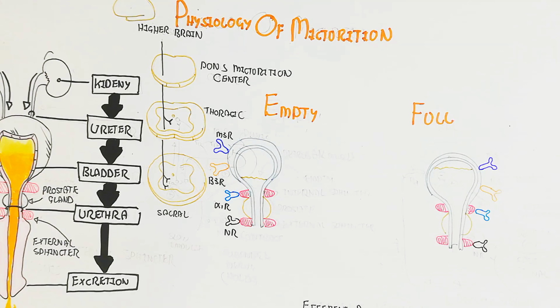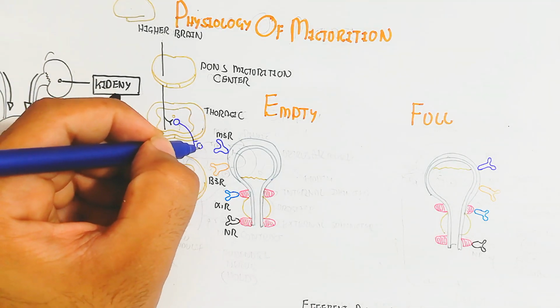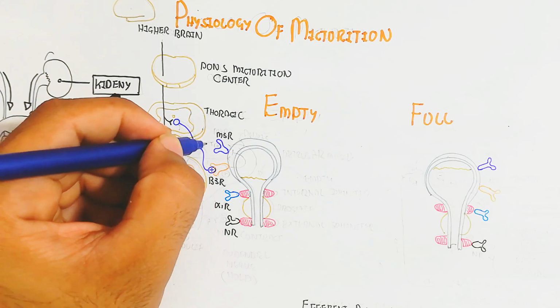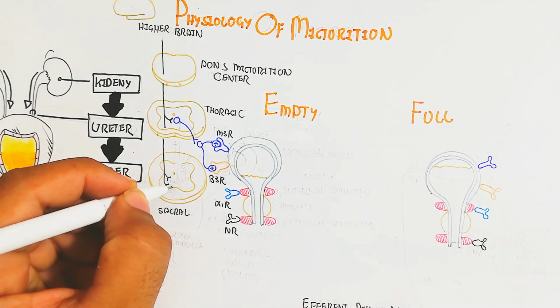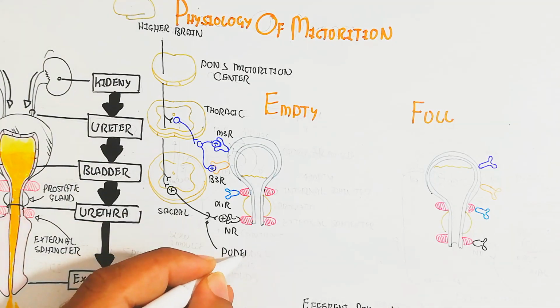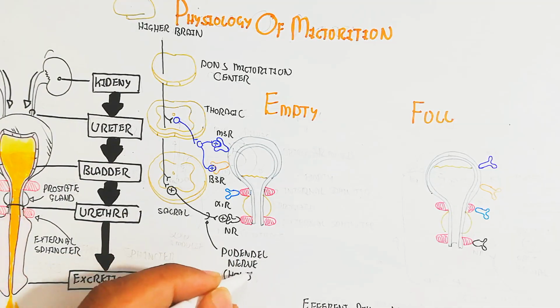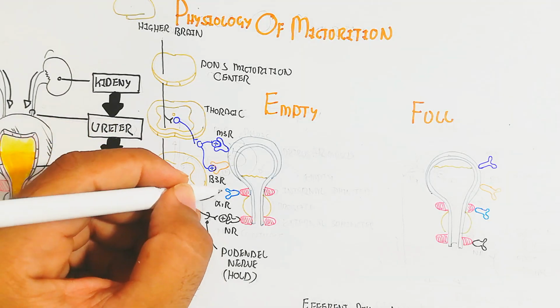In this way, the thoracic region will stimulate the hypogastric nerves, which target the beta 3 receptor and the M3 muscarinic receptor. The beta 3 receptor, during the empty bladder, will lead to inhibition of the contraction of the bladder, while the pelvic nerves and the pudendal nerves will lead to holding due to nicotinic receptor stimulation.